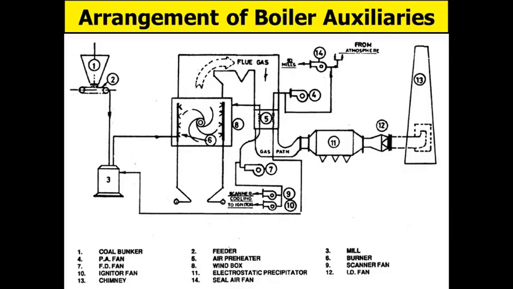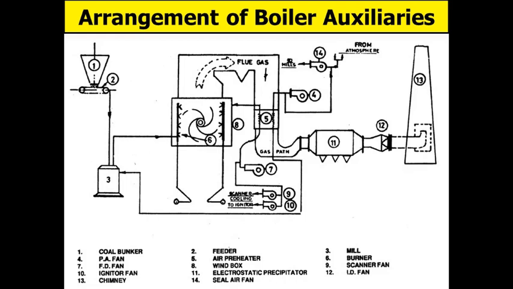So, if we see the boiler in totality, it has many parts which are integrated components of the boiler, and they are linked to the fuel supply system and fuel processing system. Then we have various fans like PA fan, FD fan, igniter fan.